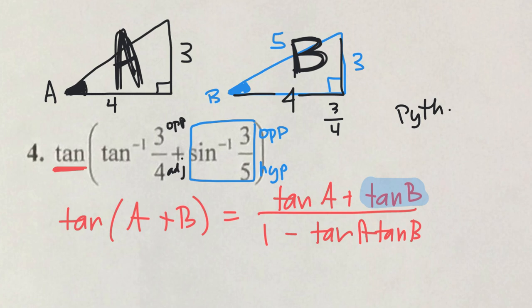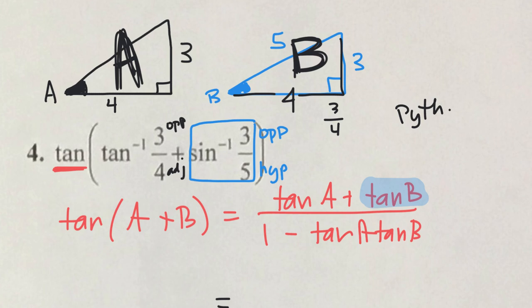Okay, so if we have a non-unit circle angle, we have to draw a right triangle, because these are right triangle trigonometry words. So we can make a right triangle. One is called A, one is called B. And anytime we have sine of A or cosine of A or tan of A, we're looking at the A triangle's ratios, opposite over hypotenuse, adjacent over hypotenuse, and whatnot.